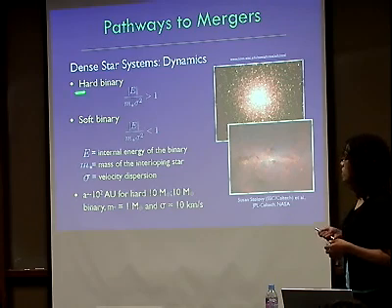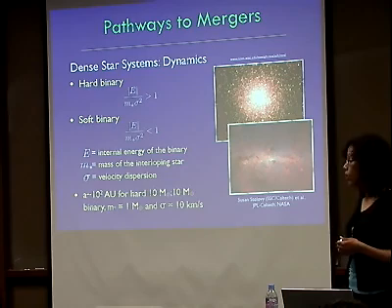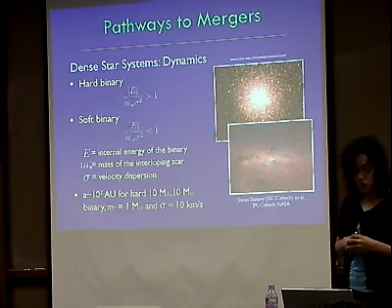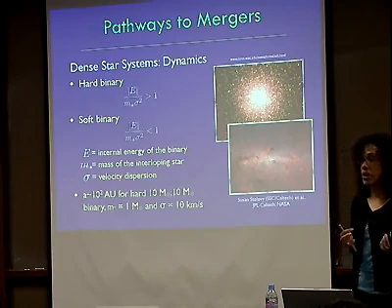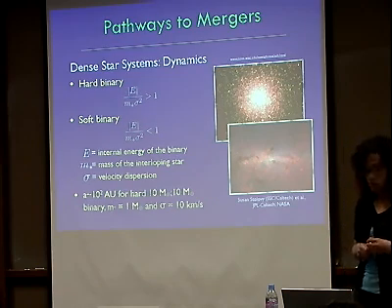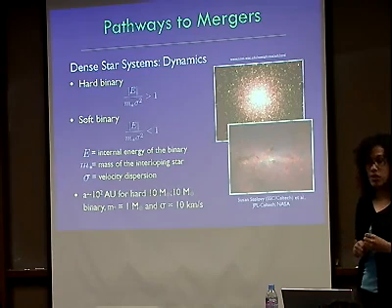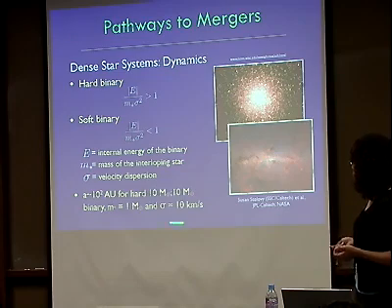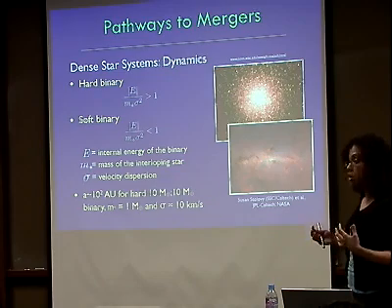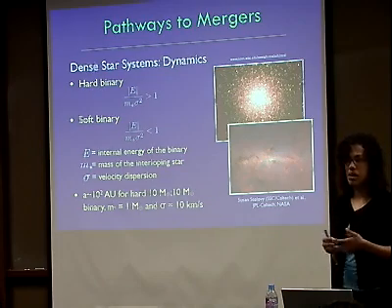For a soft binary, the opposite is true. If you wanted to get an idea of the sizes we're talking about, if you have a binary with 2 10 solar mass black holes interacting with 1 solar mass third objects at a speed of about 10 kilometers per second, a hard binary will have a semi-major axis of about 100 AU.